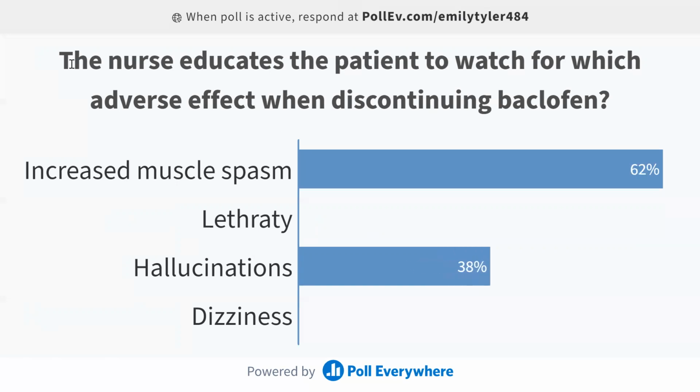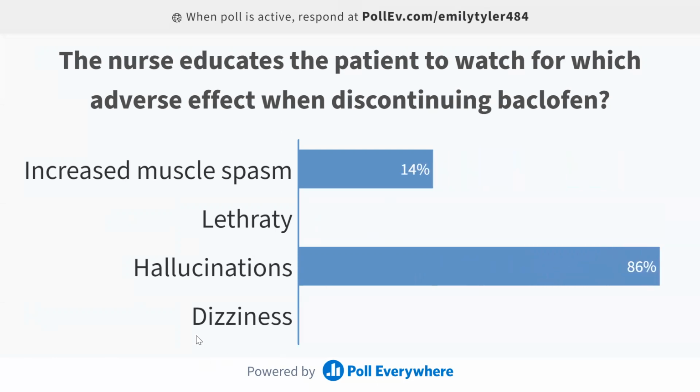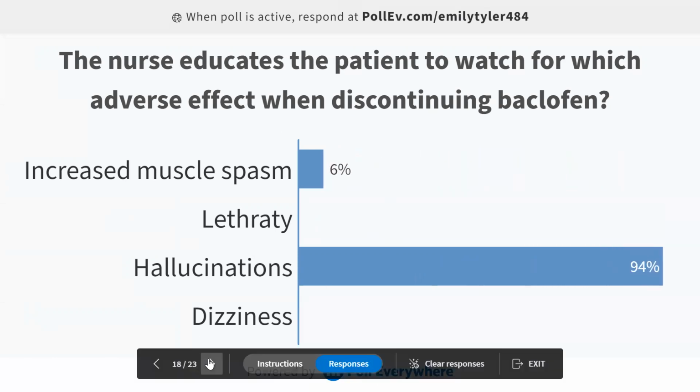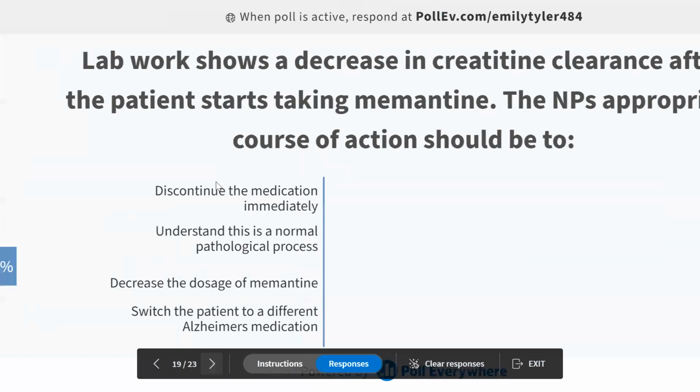It's worse. Do we give baclofen for muscle spasms? We give it for spasticity. So when we abruptly stop baclofen, we can cause our patient to have hallucinations. I love that you guys all fix your answers after I say it.